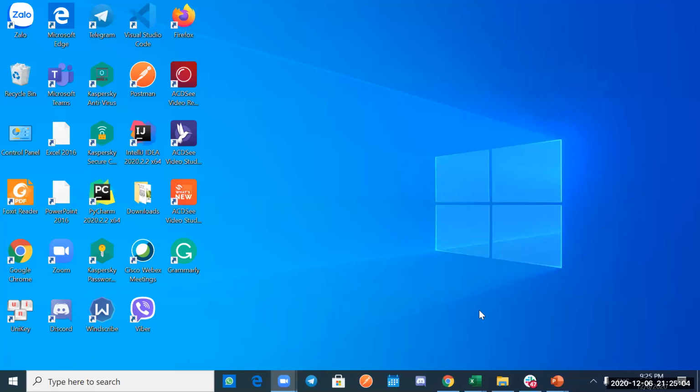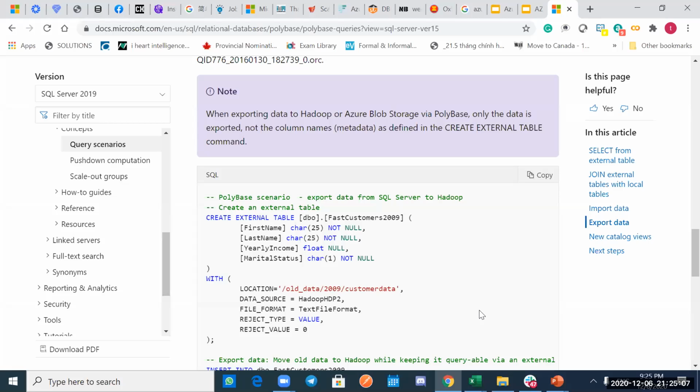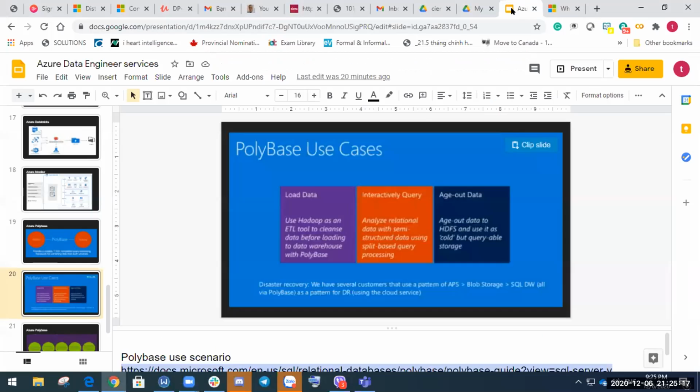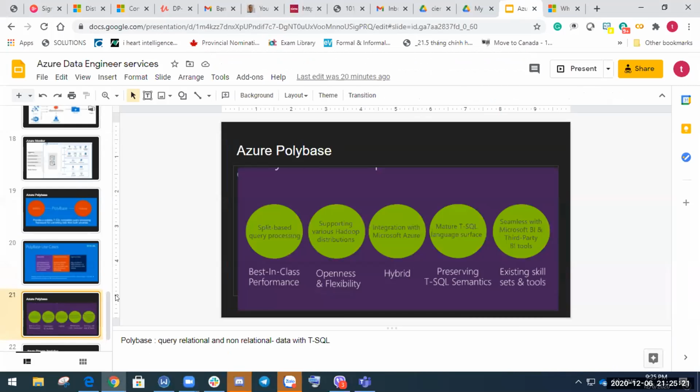So let's go back. Hang on, let me stop sharing here, then start sharing on the other computer. Okay, so that concludes Polybase. Oh, hi Stu. Oh, hi guys.